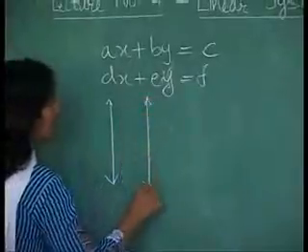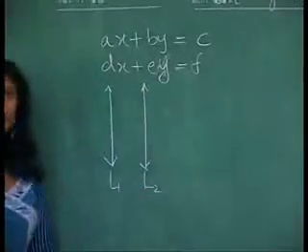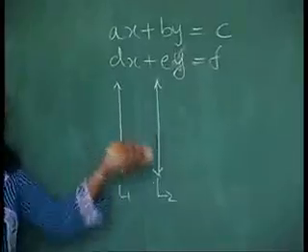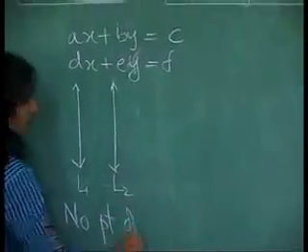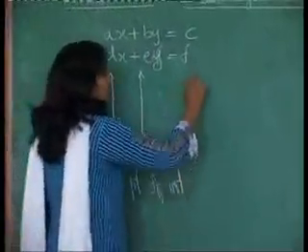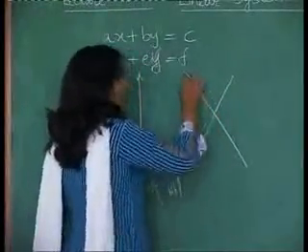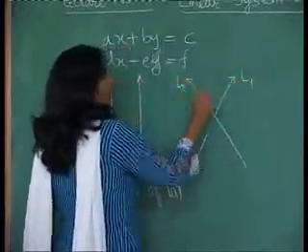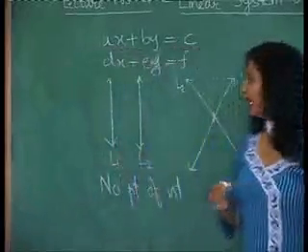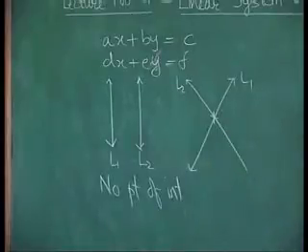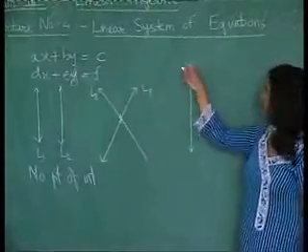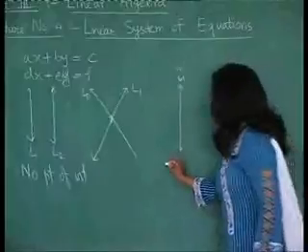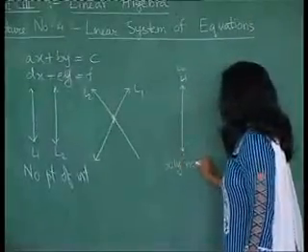One is, if the two lines are parallel, then they are not going to intersect at all. So, no point of intersection. Another possibility is something like this, where they have exactly one point of intersection, and the third possibility is that the two lines are identical. L1 is the same as L2, so they have infinitely many points in common.